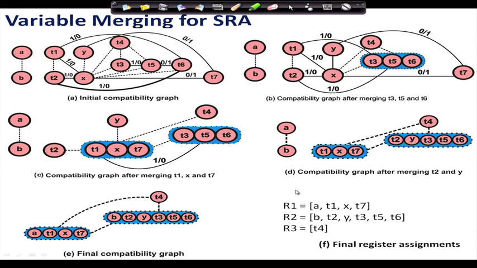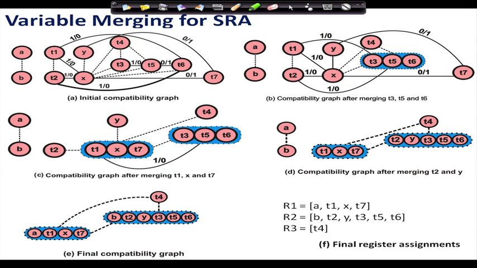So, from there I came to this. Now, the third one is, once these are done, then I can merge T2 and Y. These two can be merged together, and T2 and Y can very well come to this cluster because they are compatible with this. So, I can have this sort of clustering.